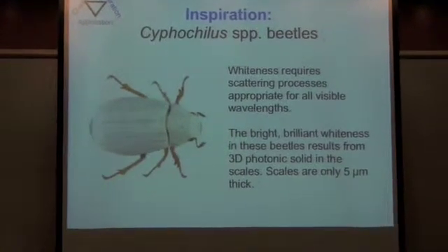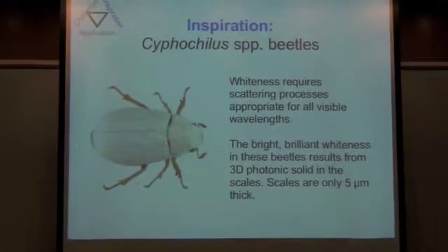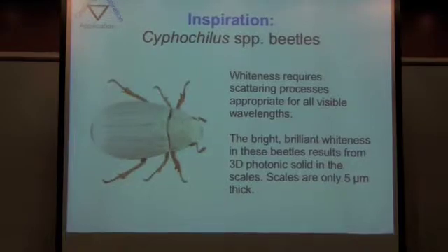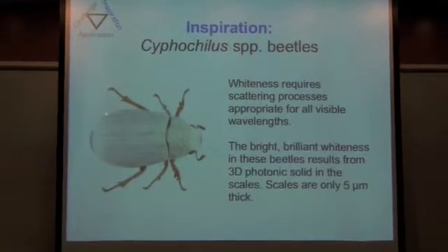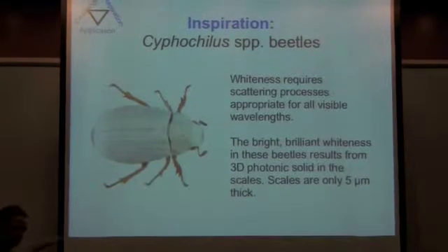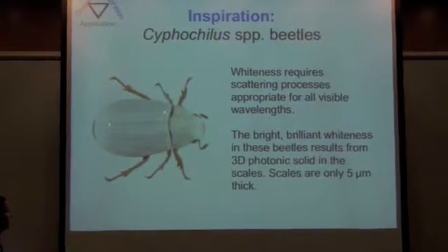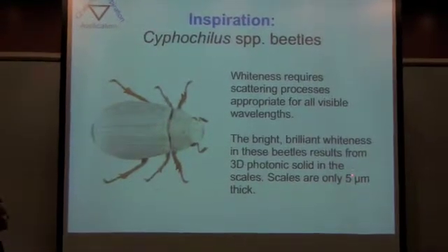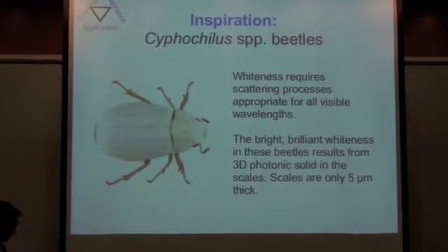And this is a result of the 3D photonic solids on the scale. Again, there's something about the structure of the scales that allows them to be this white. And these scales are only 5 microns thick.